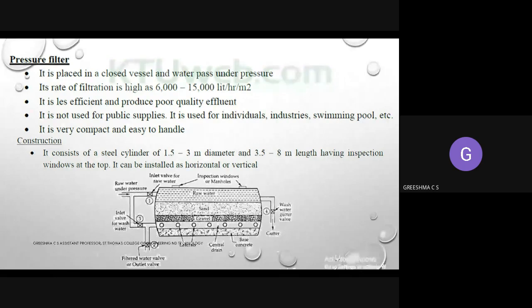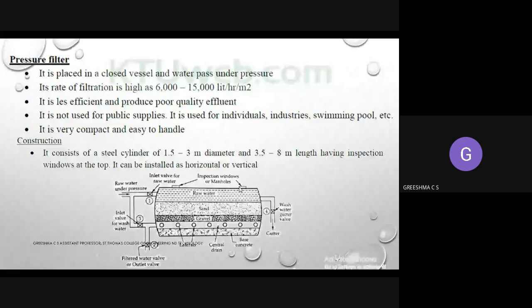If you go to the construction details, basically it consists of a steel cylinder. It has a diameter of 1.5 to 3 meters and a length of 3.5 to 8 meters, with inspection windows at the top.